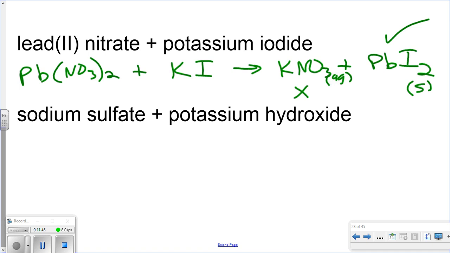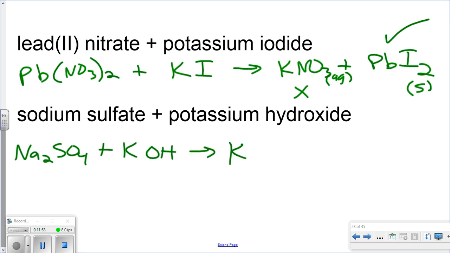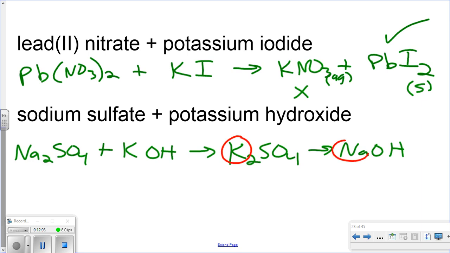For your last example, let's look at sodium sulfate and potassium hydroxide. Okay, there's our reaction. Now watch this, guys. Group 1 metal, highly aqueous, highly aqueous.